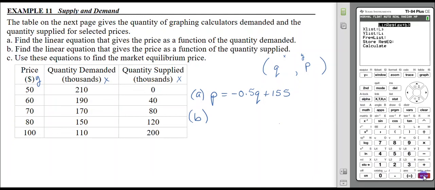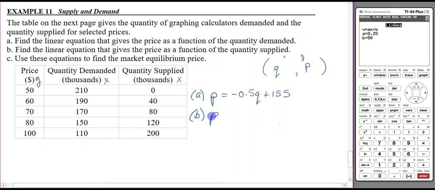Our y list will still be list 1. And we're going to store our regression equation again as a function, but put it in Y2. P equals 0.25 Q plus 50.